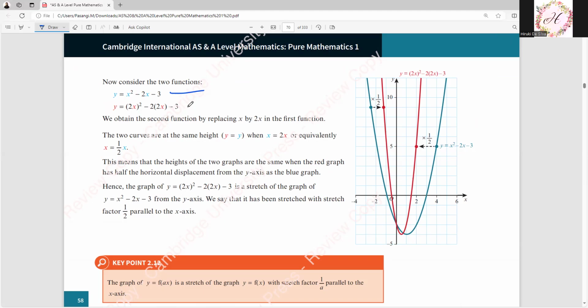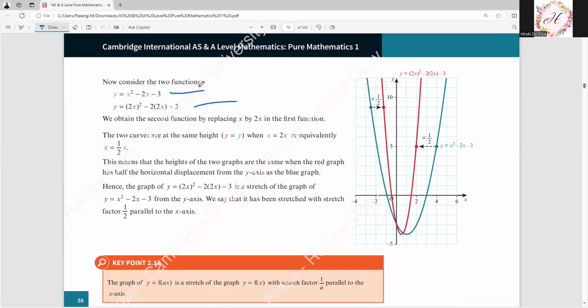For the first one, it is y = x² - 2x - 3. Then the second one is y = (2x)² - 2(2x) - 3. Okay, by looking at these two, what do you think has happened?